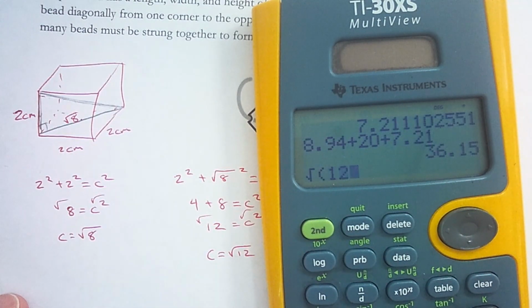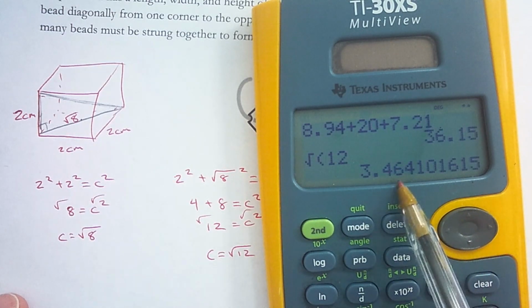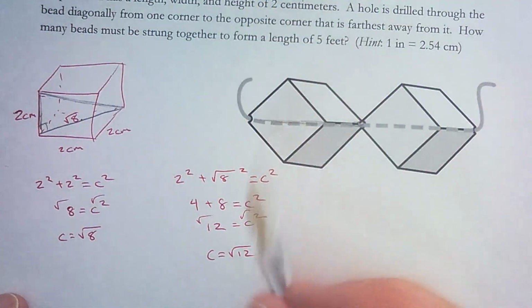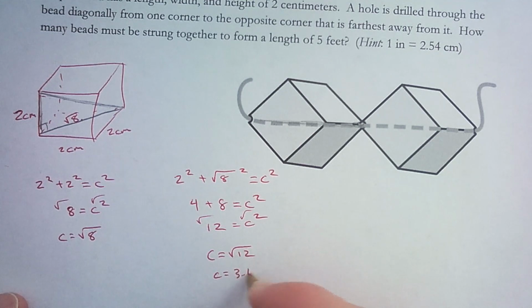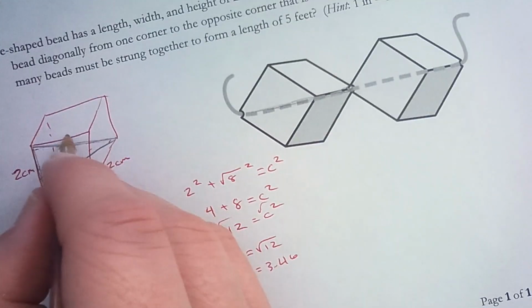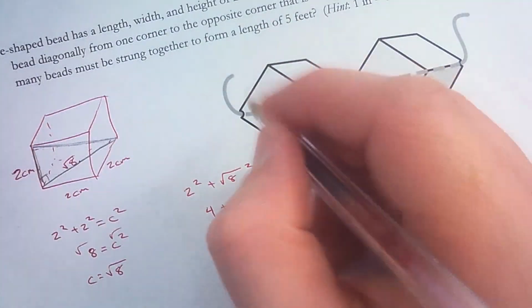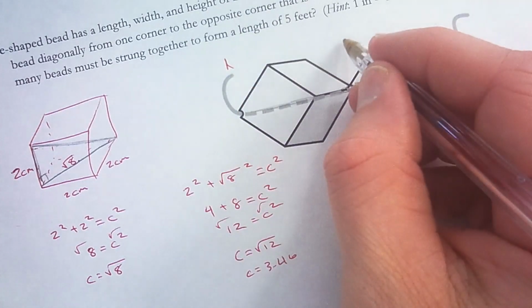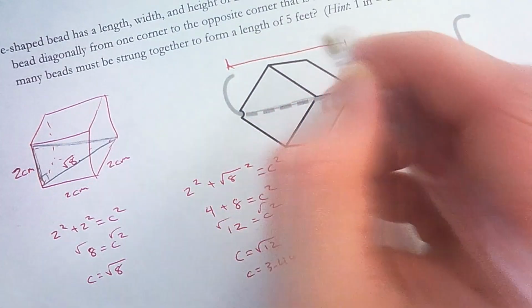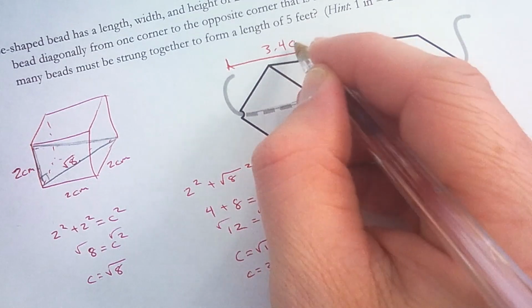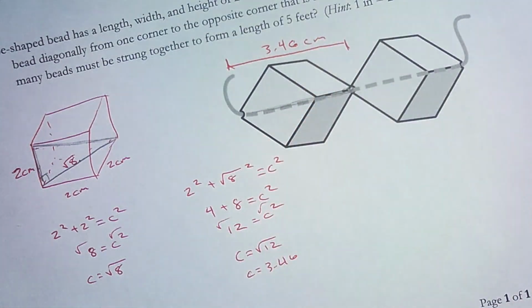The square root of 12 is 3.46. So this length right here is 3.46, which means from here to here is 3.46 centimeters.